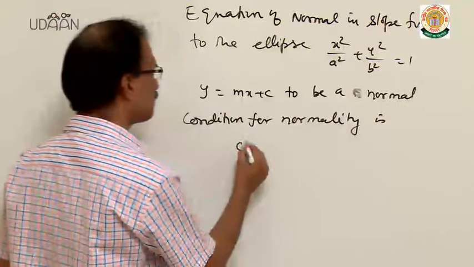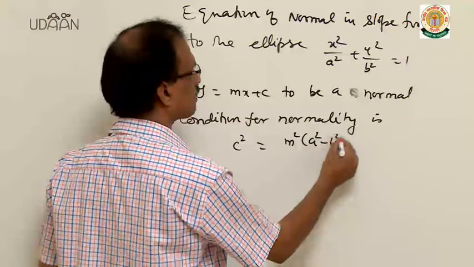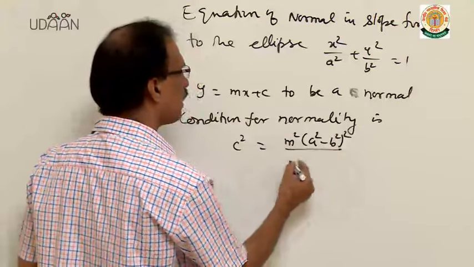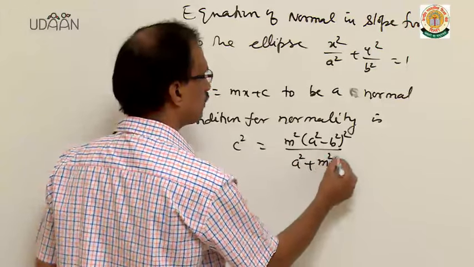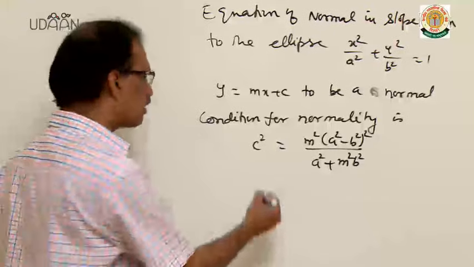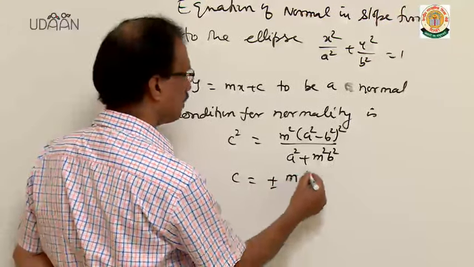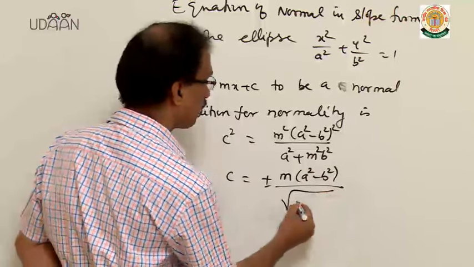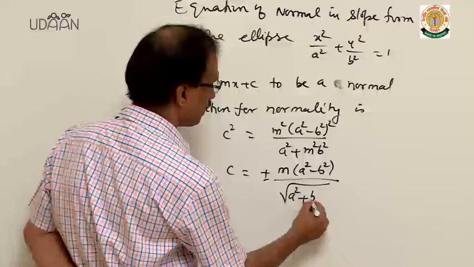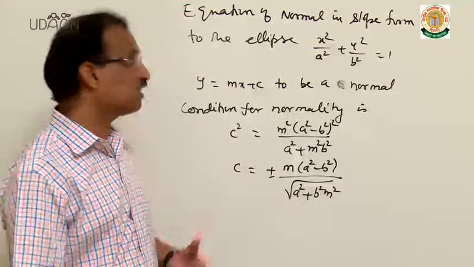c square equals m square into a square minus b square, the whole square, upon a square plus m square b square, or you can get c equals plus minus m into a square minus b square upon root of a square plus b square m square. This is the value of c you get.